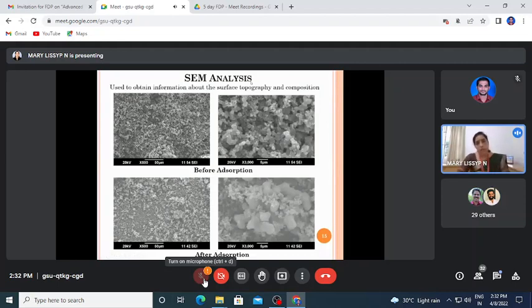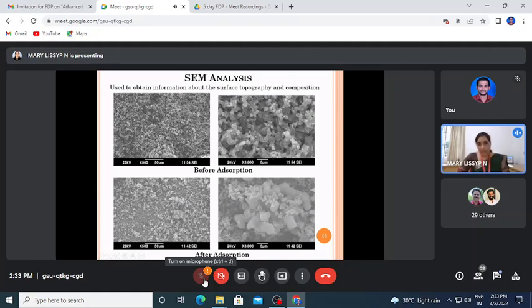Now, you can see here what SEM analysis is. We use it to obtain information about the surface topography and composition. Here I've shown two pictorial images of the nanocomposite which I prepared, before adsorption and after adsorption. Before adsorption, two magnifications are given, 50 micrometer and 5 micrometer.